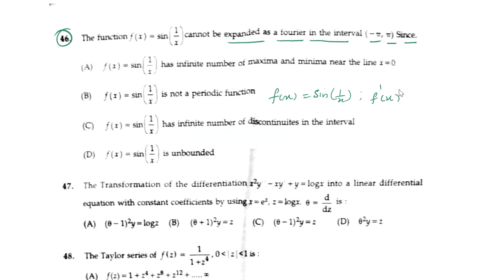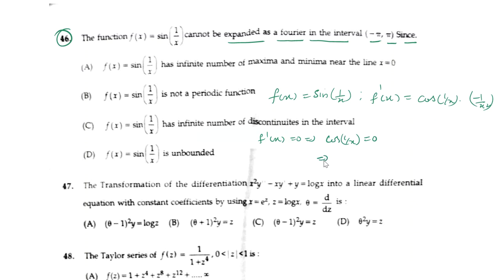F dash of x will be the differentiation of sine, which is cos of 1 by x, into the derivative of 1 by x, which we can write as minus 1 by x square. Now we will make f dash of x equal to 0, so the differentiation of f is equal to 0. That implies cos of 1 by x is equal to 0.